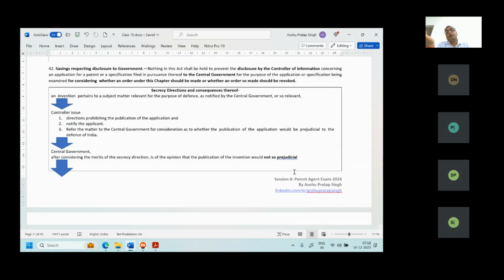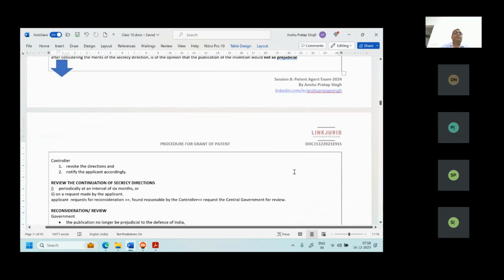The government, on reference, will look into it and see whether the secrecy direction should be continued or revoked. If it says that publication can be done, it can revoke the direction and notify the applicant accordingly, through the controller. And suppose the government is also of the view that the secrecy direction should continue.